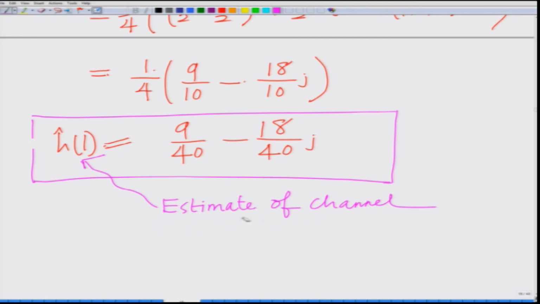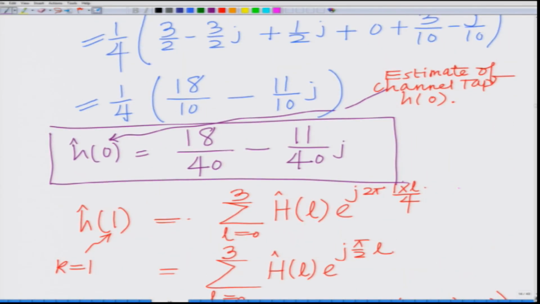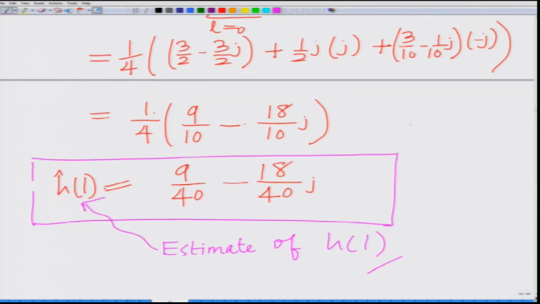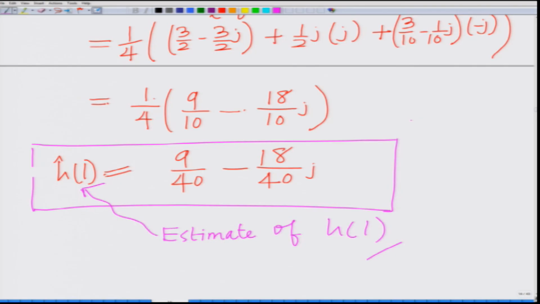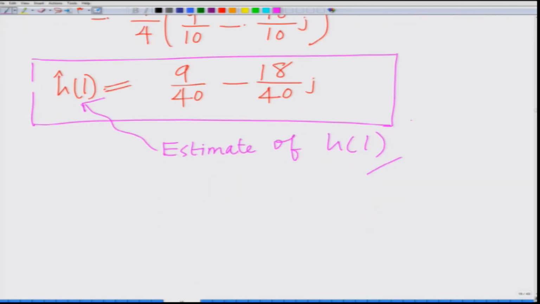In fact, it is not a channel coefficient, it is the time domain channel tap. It is the time domain channel tap estimate of H1. So, basically this is the estimate of channel tap H1, this is the estimate of channel tap H0. So, we have H hat 0, we have H hat 1, and that basically gives us the estimates of the various channel taps. So, that is what we have done.